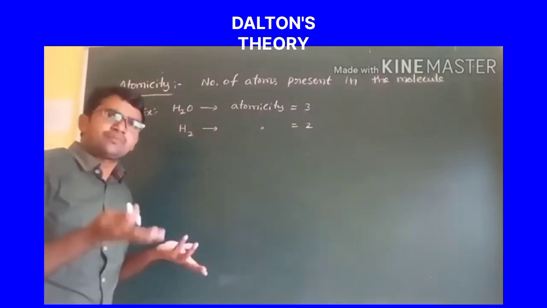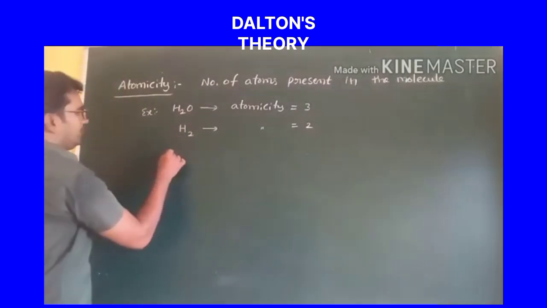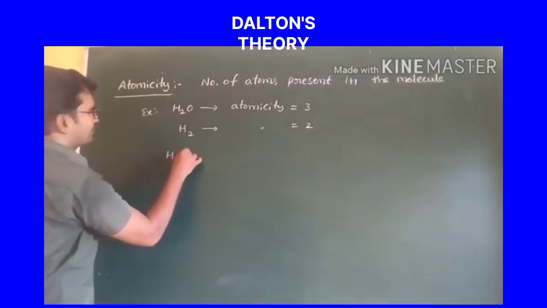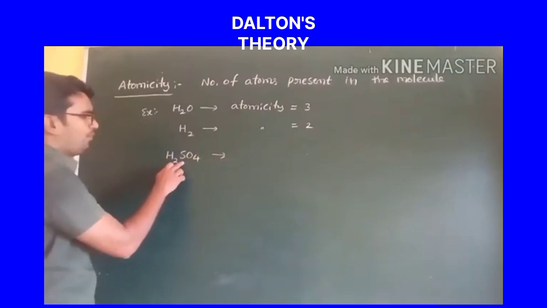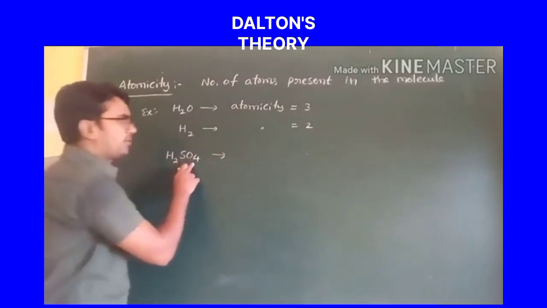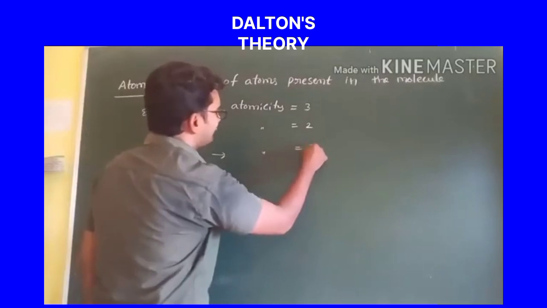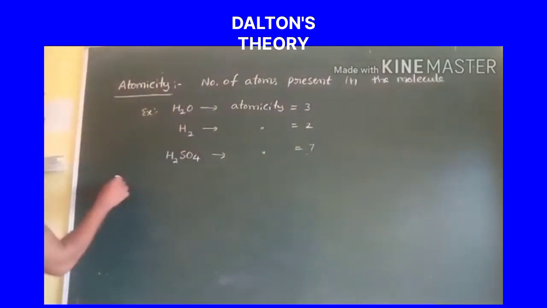Total number of atoms present in the molecule is called an atomicity. H2SO4: 2 hydrogens, 1 sulfur, total 3, plus 4 oxygens, total 7. This is about atomicity.